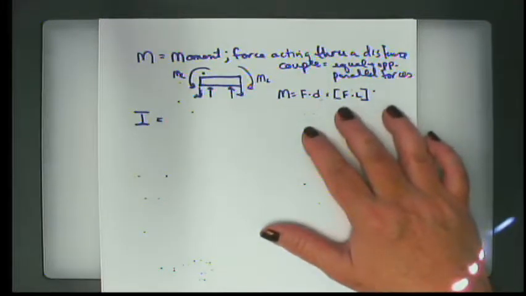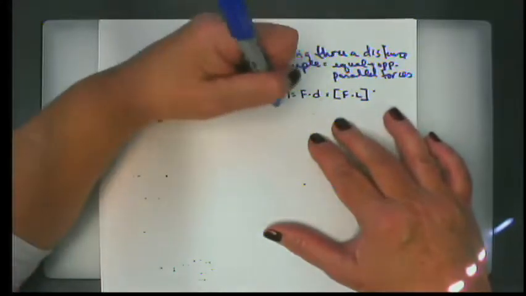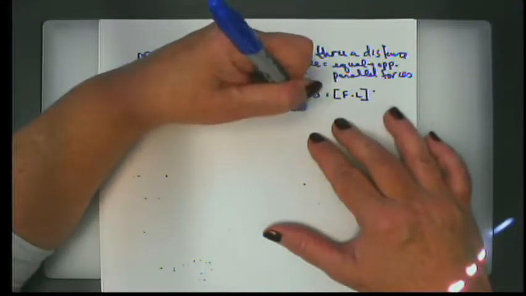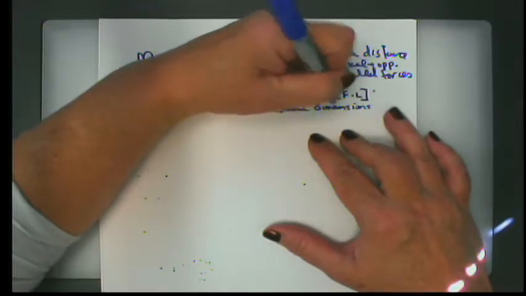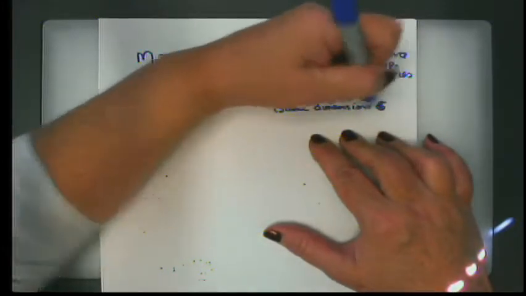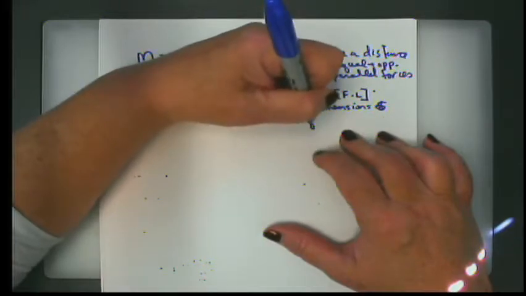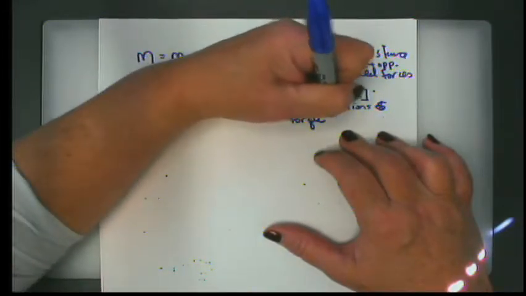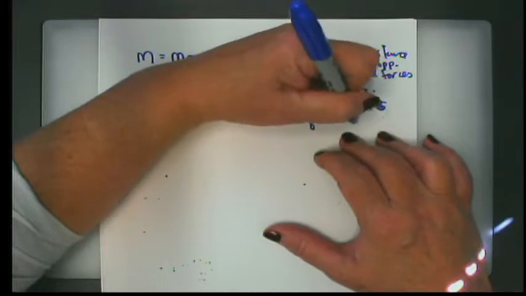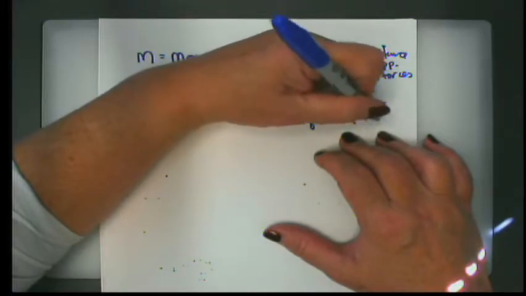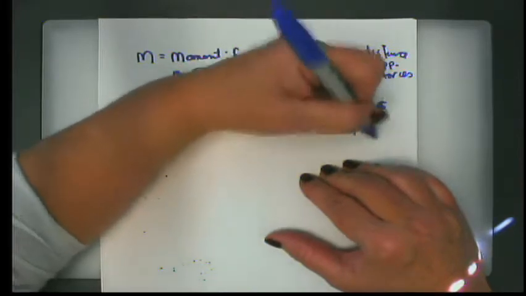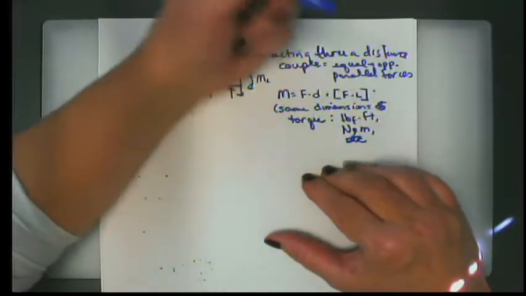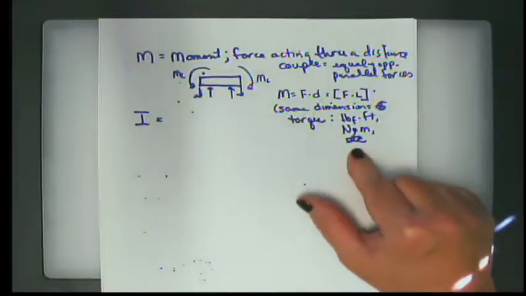So a moment has the same dimensions as torque. In other words, foot-pounds, Newton meters, etc.